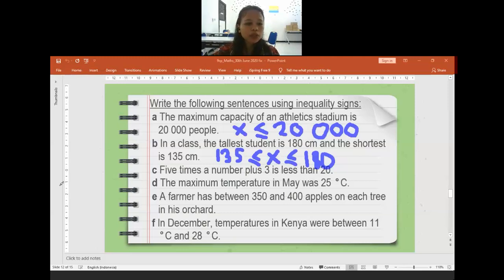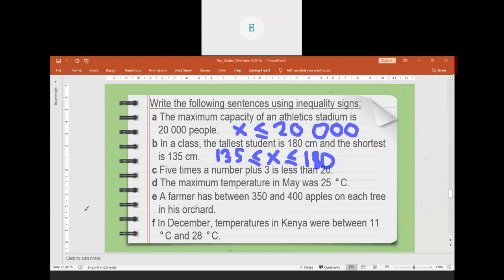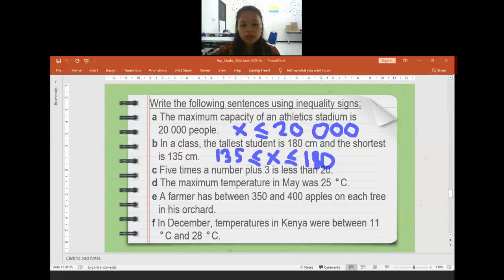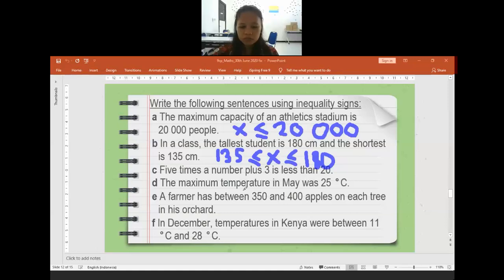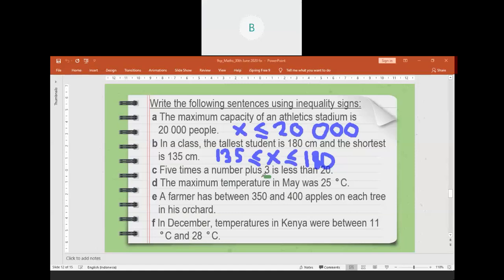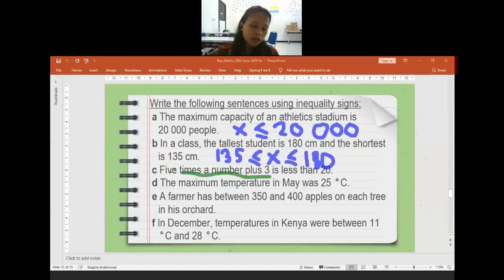Anyone want to try to answer question C? You have to simplify this one first.